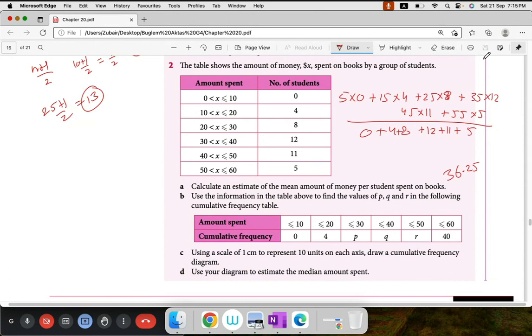Okay, yeah. Actually, I'm getting 36.5. Yeah, 36.5. Make sure your calculator is not fixed on one decimal place. See what you get when you punch 2 by 3.